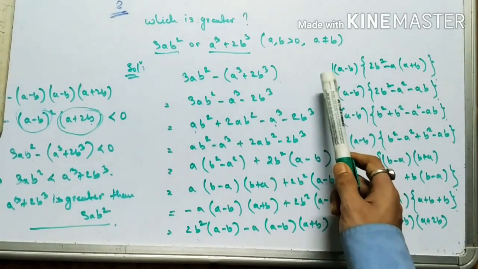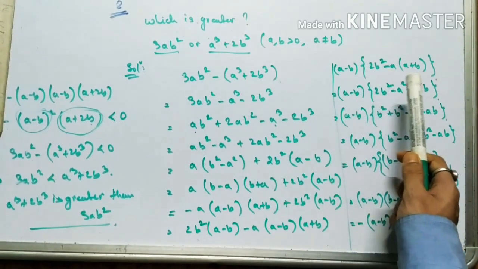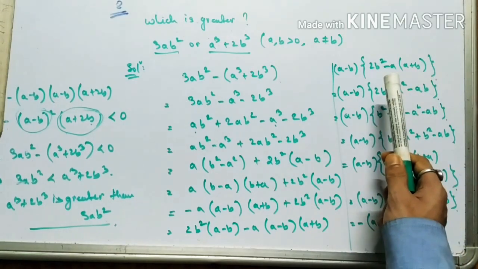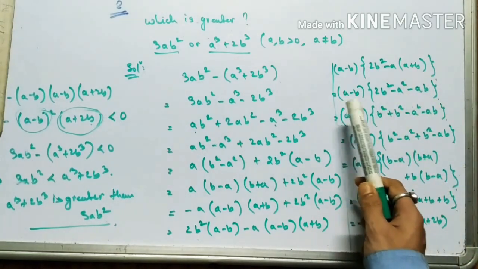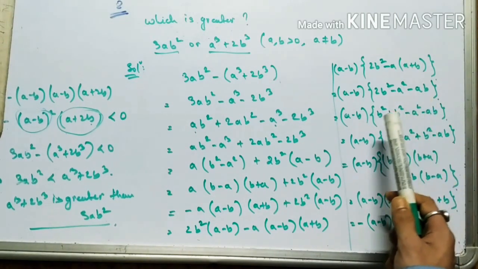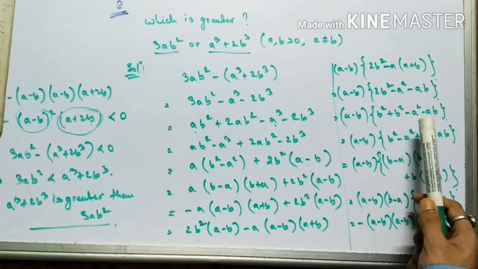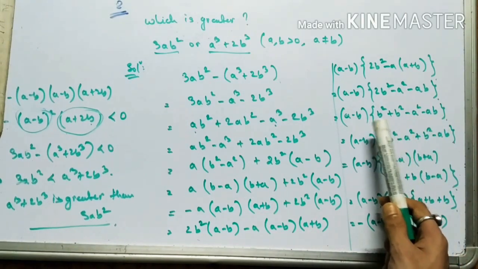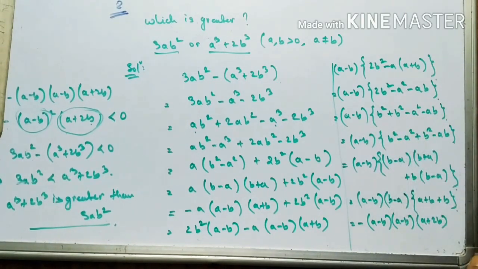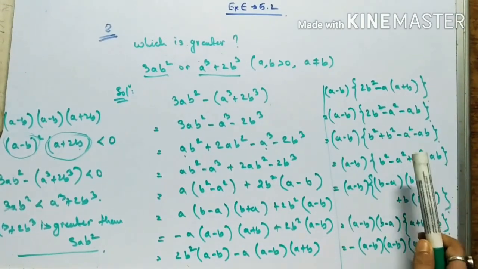Now from here I will take a minus b common. So I will get twice b square minus a plus b. Now I will multiply the minus a, so I get a minus b, twice b square minus a square minus ab. Twice b square I can write as b square plus b square, minus a square minus ab. So b square minus a square plus b square minus ab.